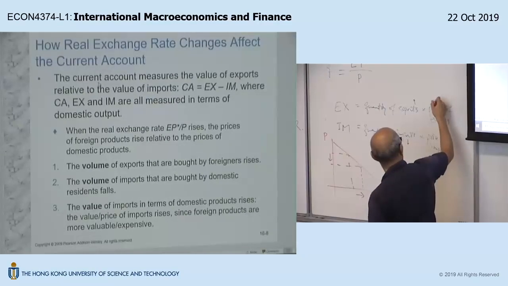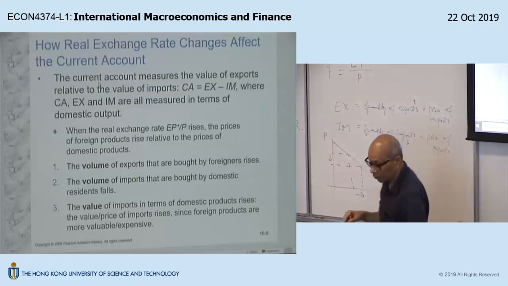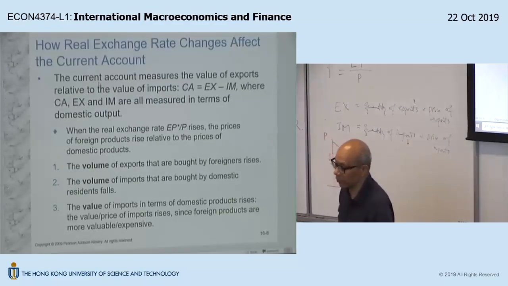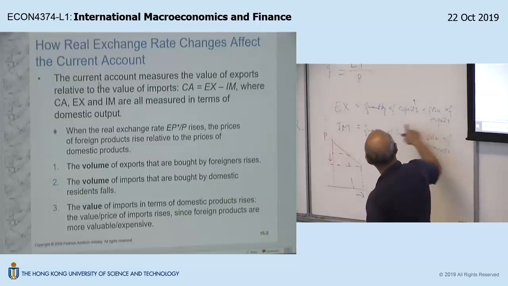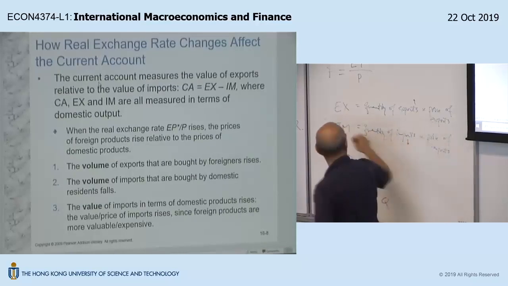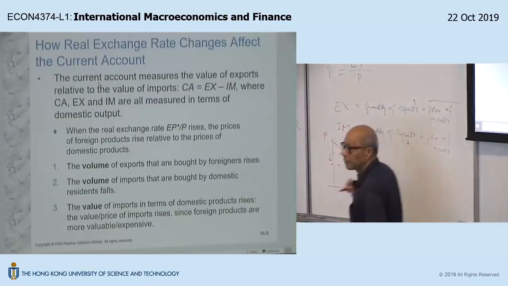Let's say the price of exports, you maintain the same domestic price. Because this is expressed in your own currency, right? So this is unchanged, the price of exports.